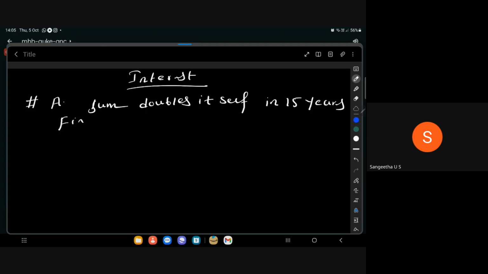Find the rate of interest. Simple question. A sum gets doubled in 15 years. What is the rate of interest?